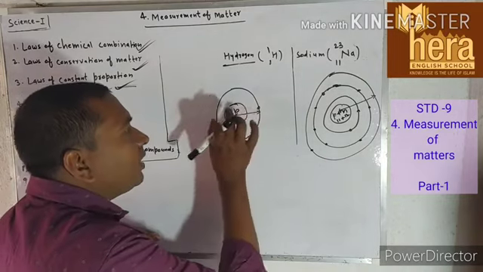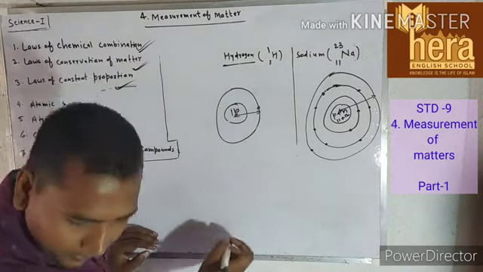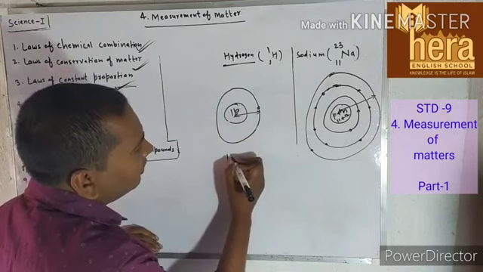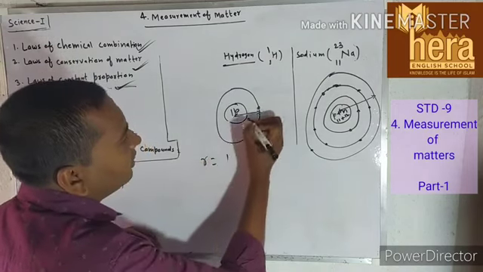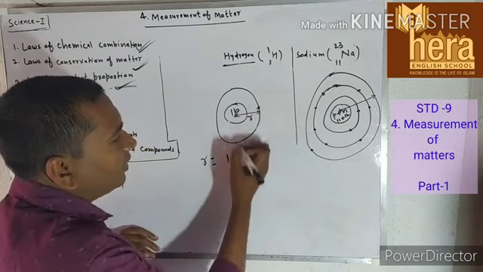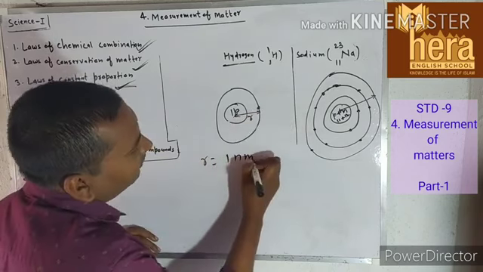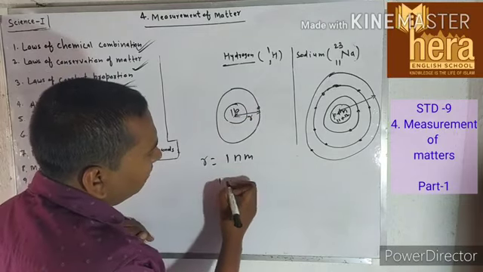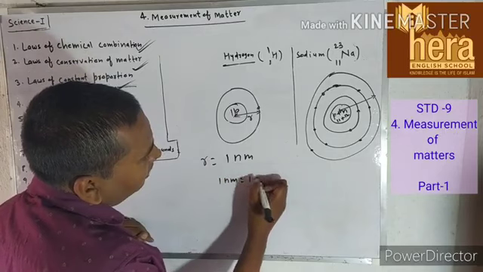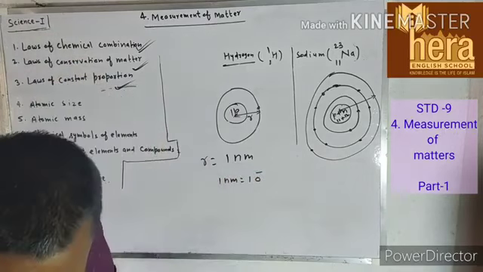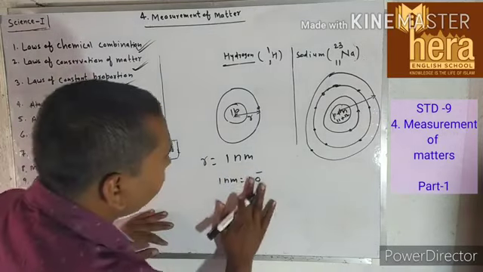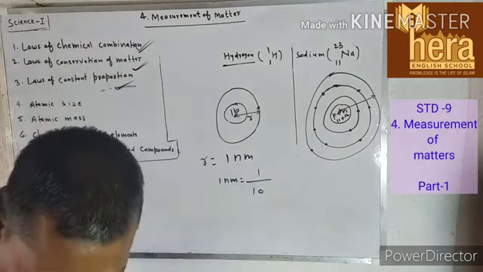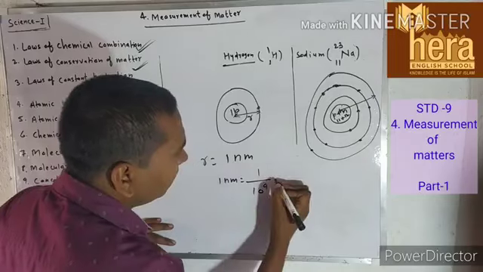The atomic size of hydrogen is 10 raised to minus 1 nanometer. R is the radius. The atomic radius of hydrogen is 1 nm. 1 nanometer is equal to 1 upon 10 raised to 9 meter.